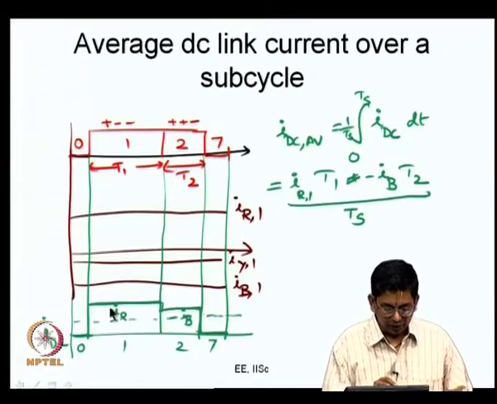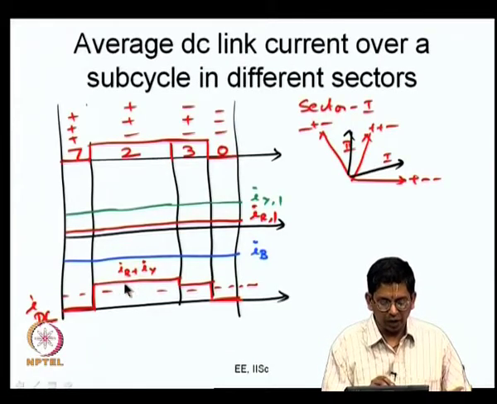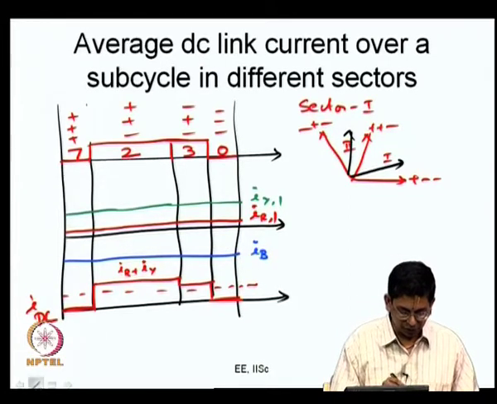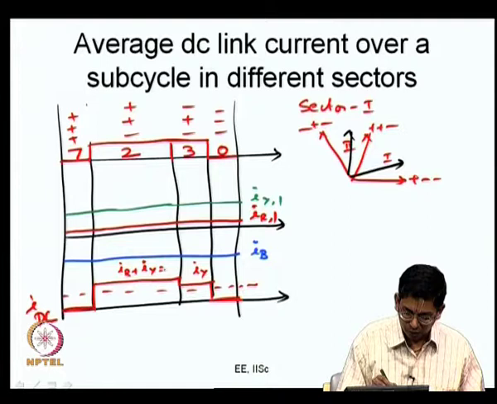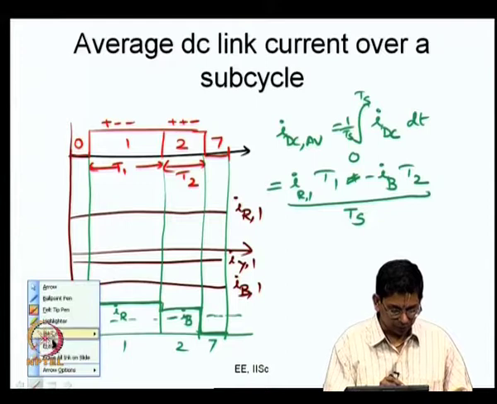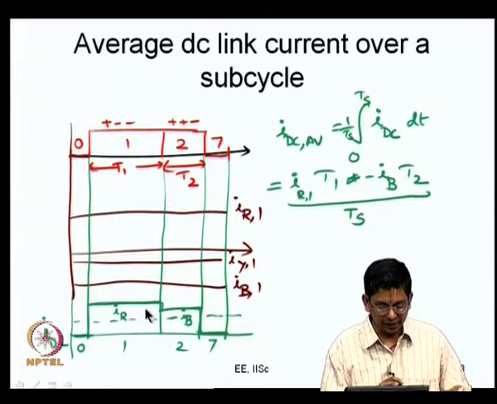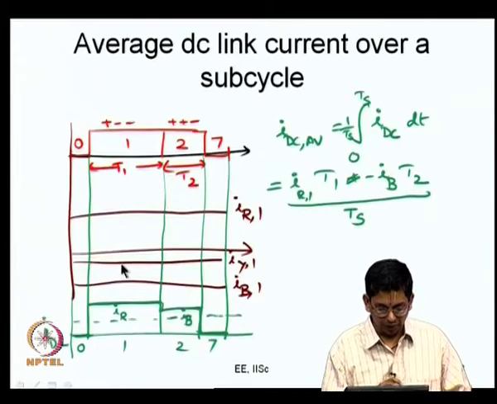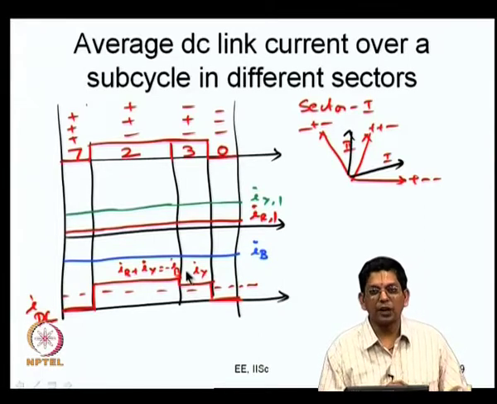And similarly, these currents IR and minus IB will be equal to IR plus IY, that is minus IB, and this IY. So, let me just write this down also, this is IY, this is minus IB. So, you can see that in a 60 degree time things change, IR is so much. So, 60 degrees later minus IB will have the same value. Similarly, here minus IB is so much, 60 degrees later IY will have the same value.